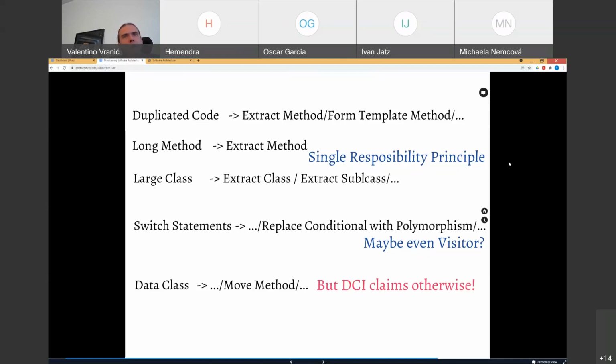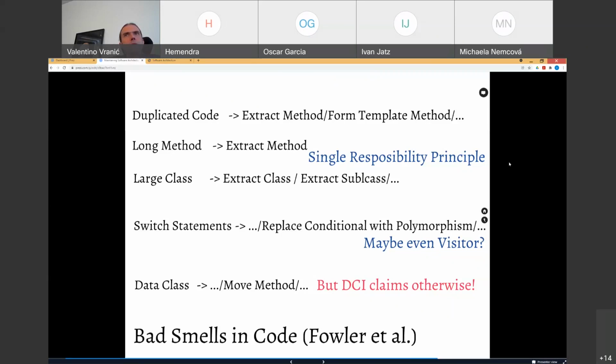You should have dumb objects, dumb data objects, and you have sophisticated use case classes. So not all classes should be wise and have sophisticated methods beyond setters and getters. This all is from Fowler and others, called bad smells in code.